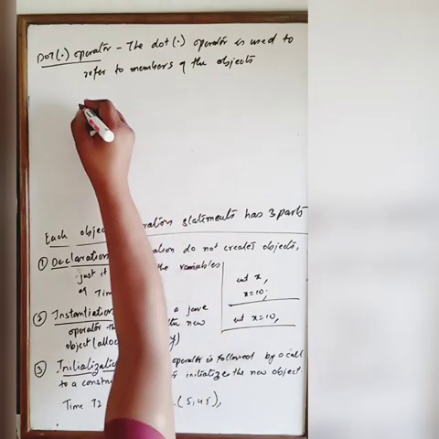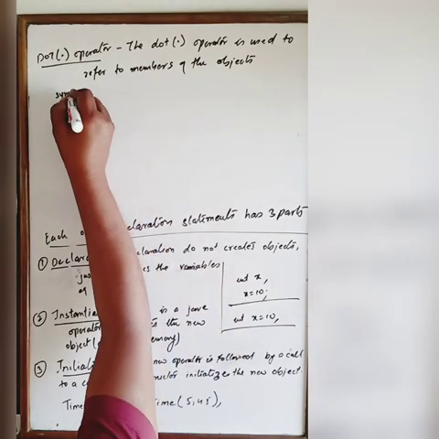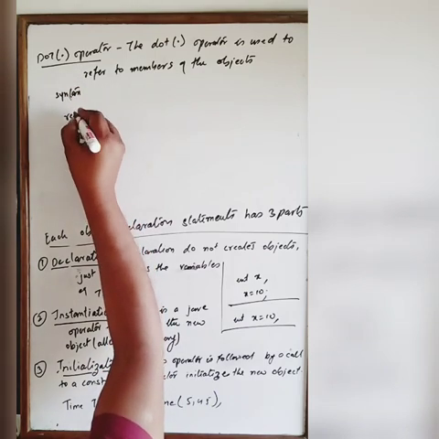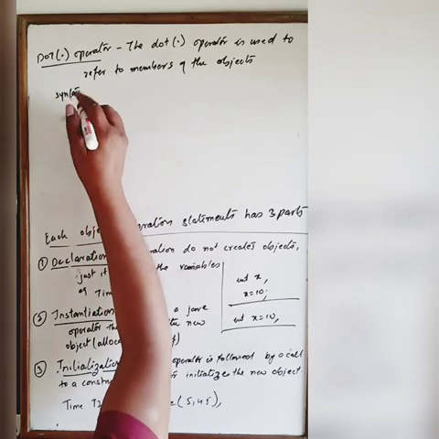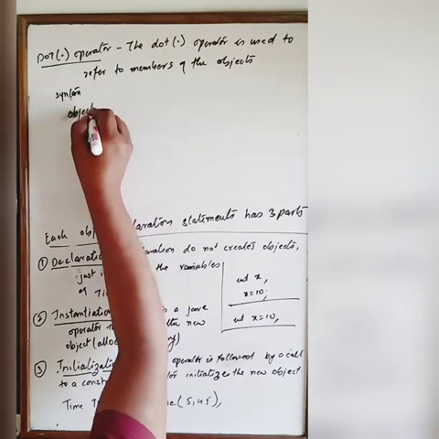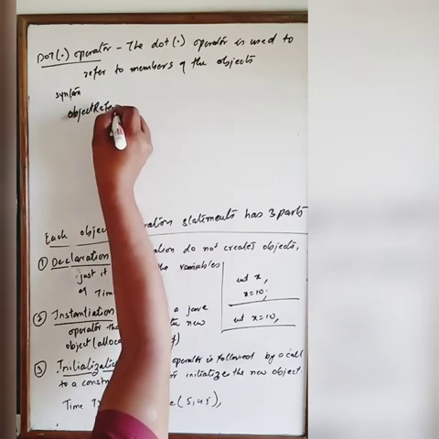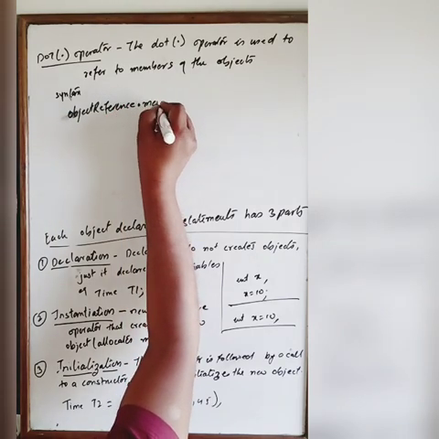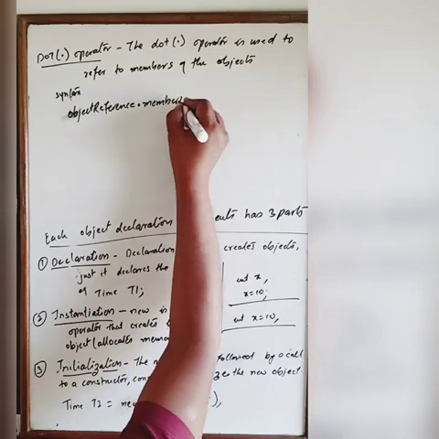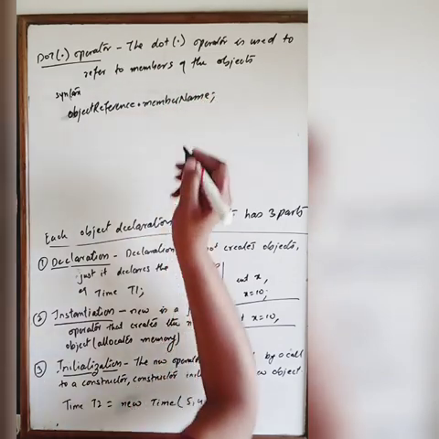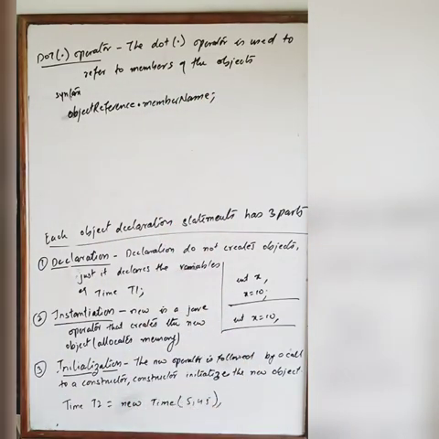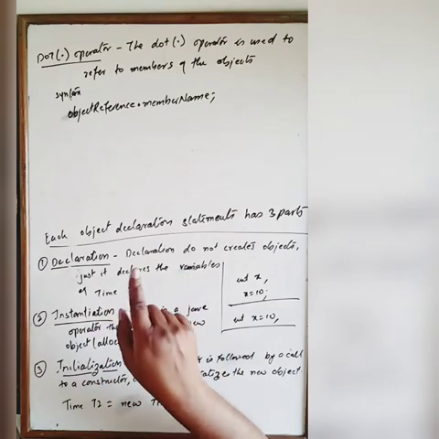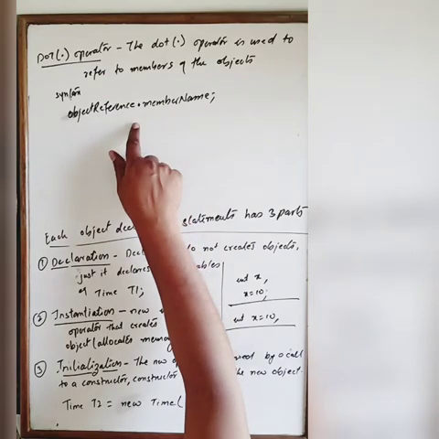So the syntax for this will be: object reference dot member name. Whatever member name you have, if it is a variable, write the variable as we have seen: t1 dot hrs, t2 dot min, if variables are there.